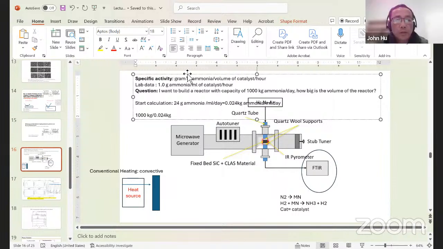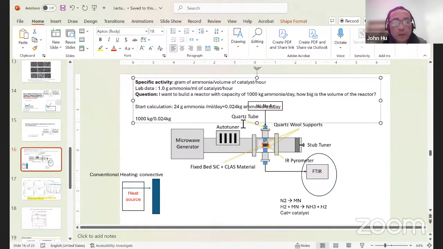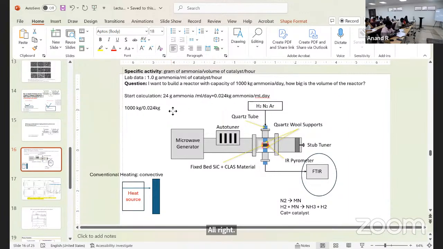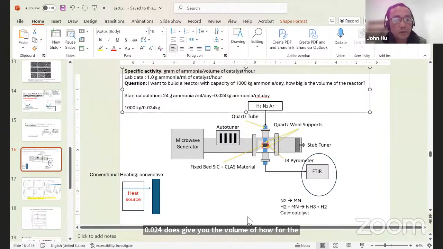So basically the answer will be 1,000 divided by 0.024. That gives you the volume in ml. Is that right? Volume. Make sense?